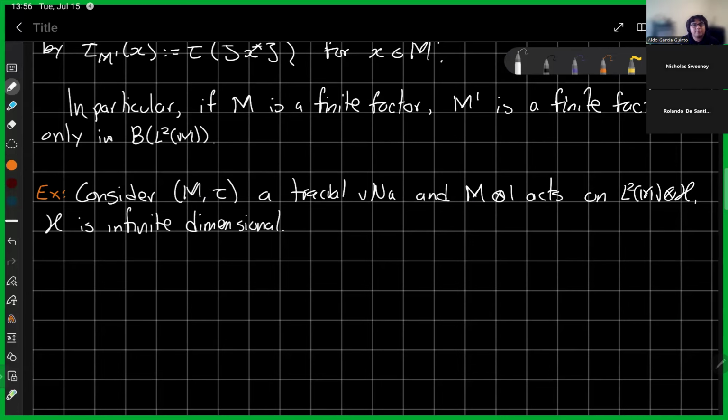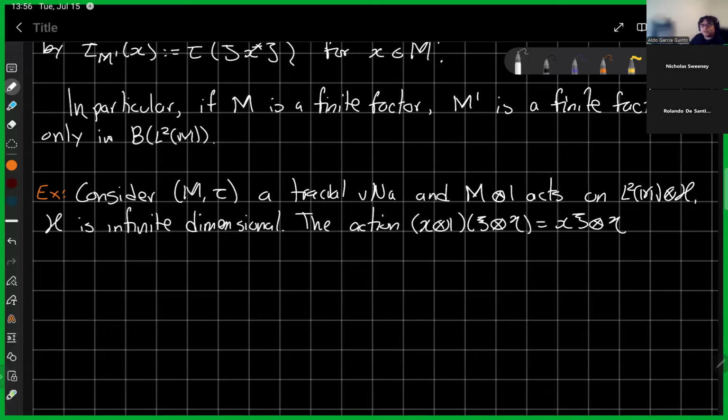I don't know if you guys have learned what M tensor 1 means in this case, but the idea is the following. The action is given by this: X tensor 1 acting on a pure tensor xi tensor eta only acts on the first coordinate, the left tensor term.